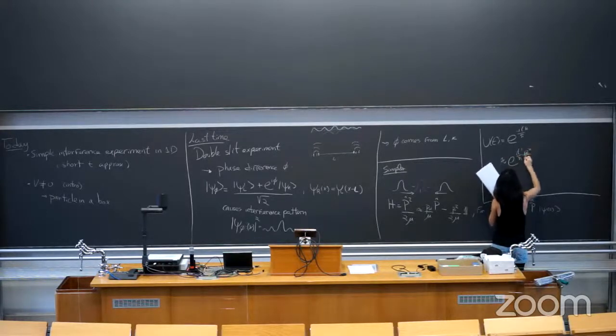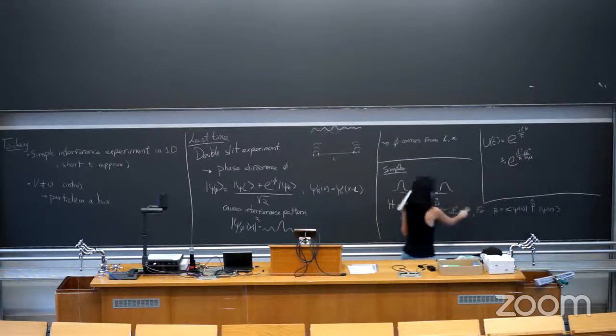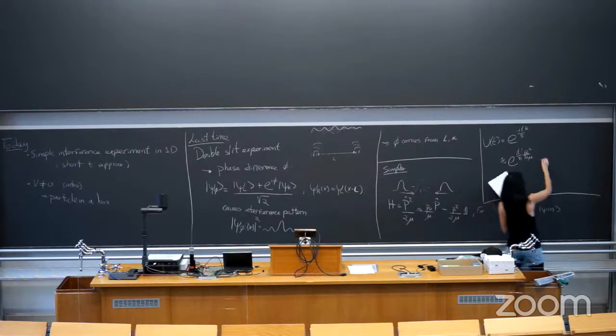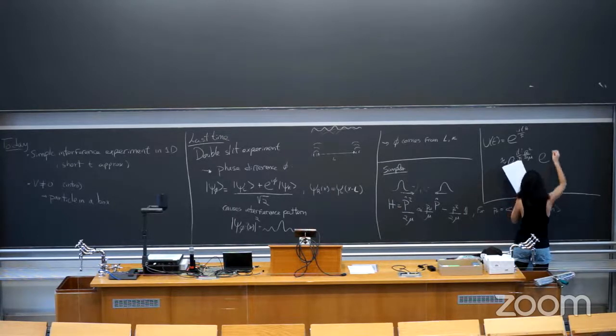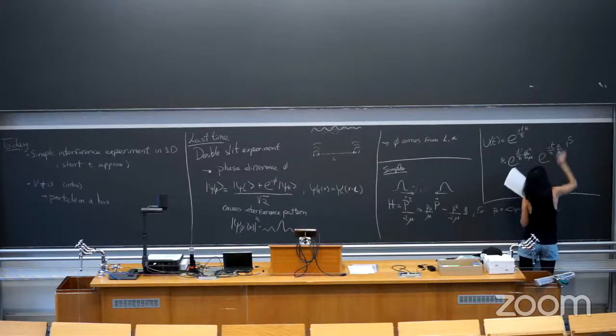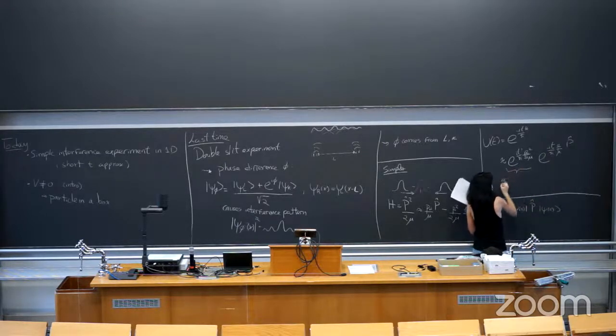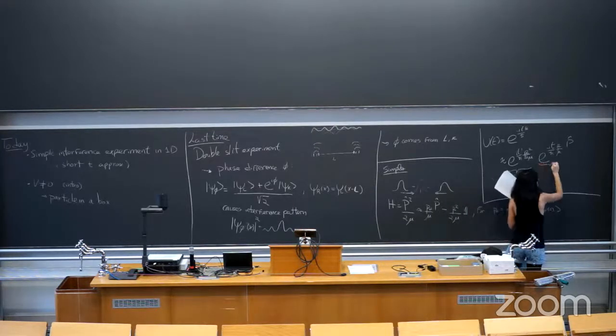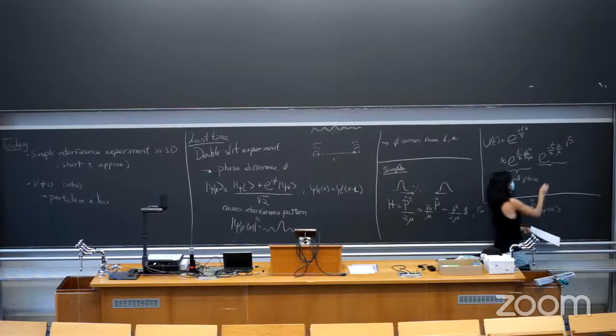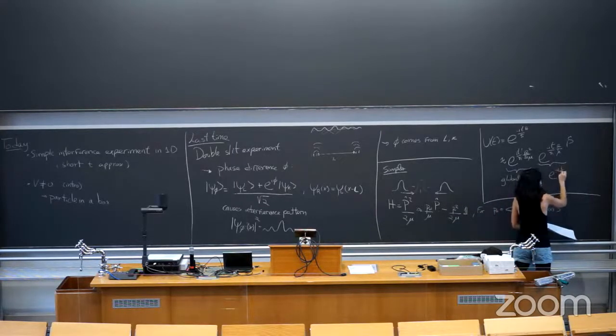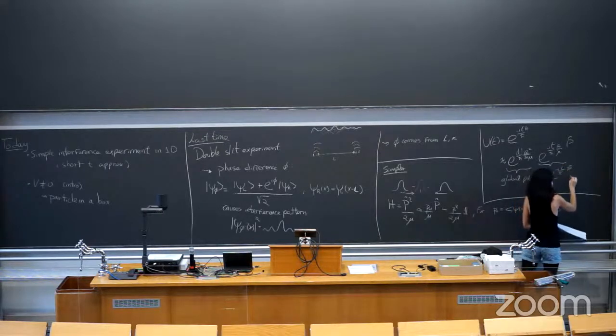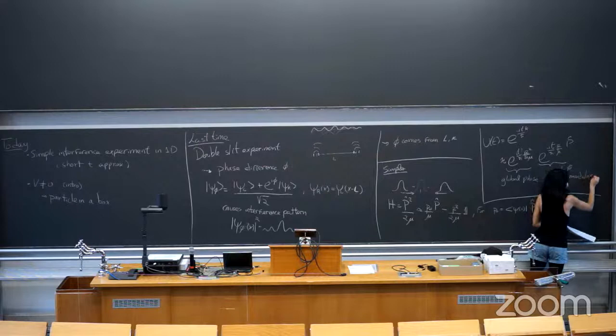This is the exponential that comes from this part. And this is good because this is just a global phase. We'll see. And this is just a modular momentum, right? This is of the form e to minus i, and we know that this acts on the wave function.